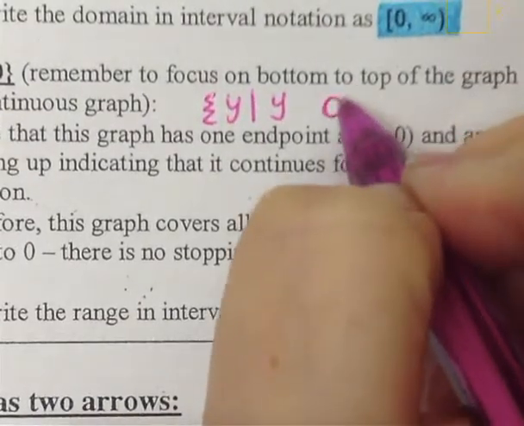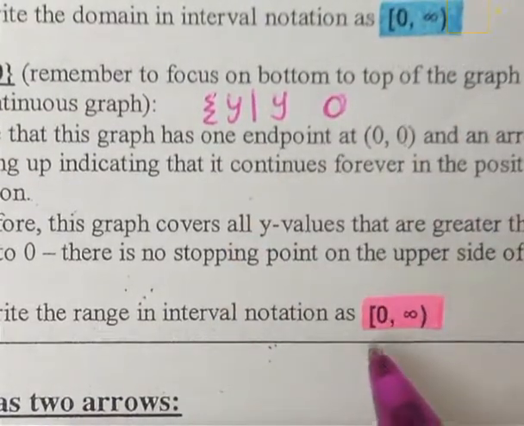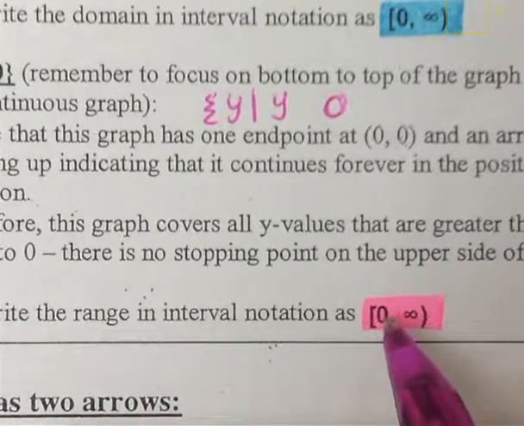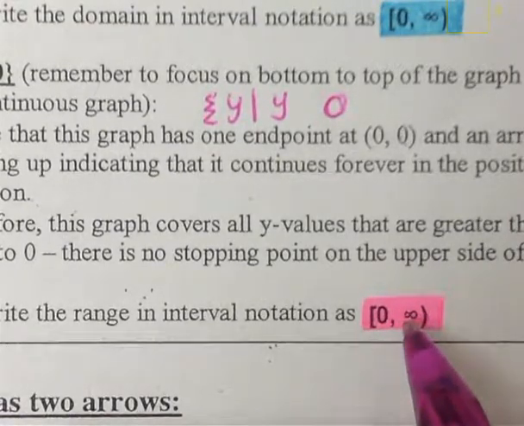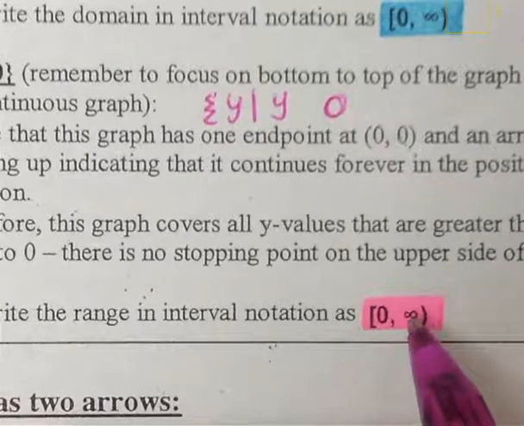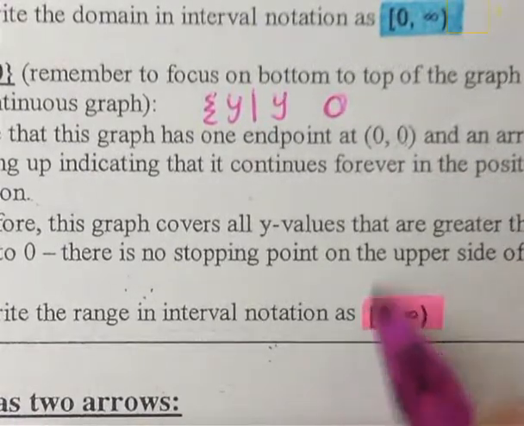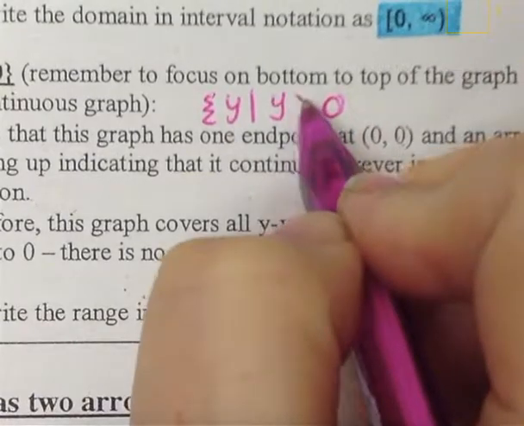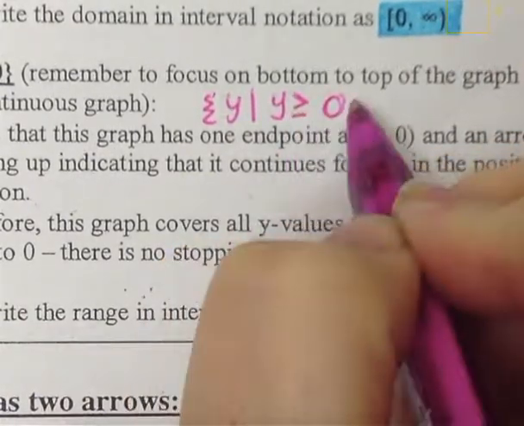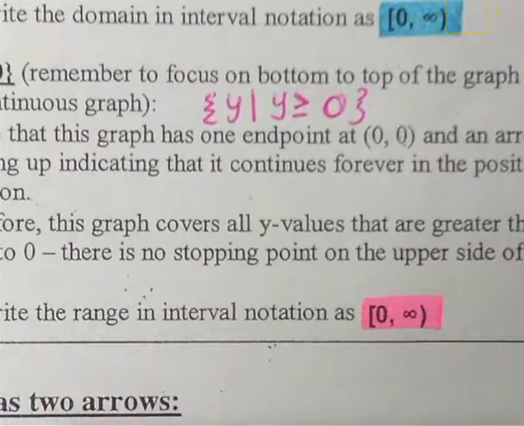So I'm going to put my 0. For the inequality, I want the numbers that are bigger than the 0 because it's going to that positive infinity. But we can also include that 0 because of the closed bracket. So we would want y is greater than or equal to 0. And that is our range.